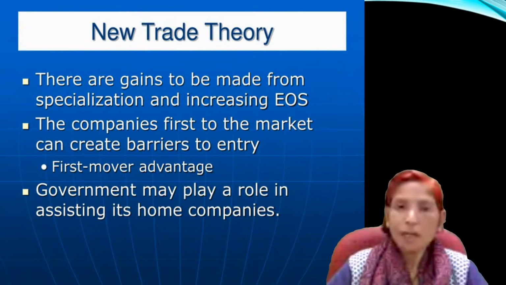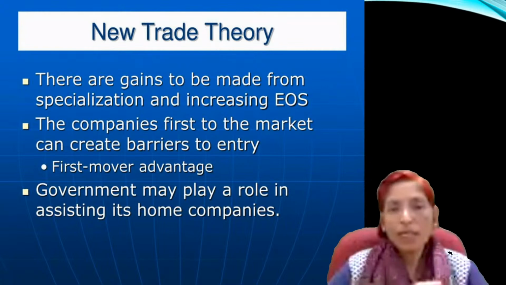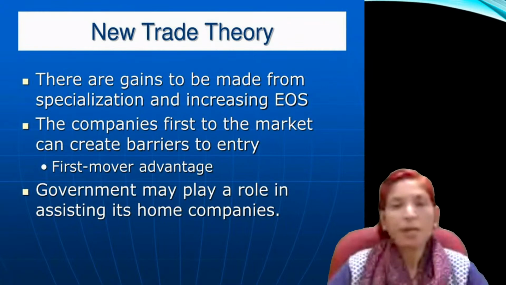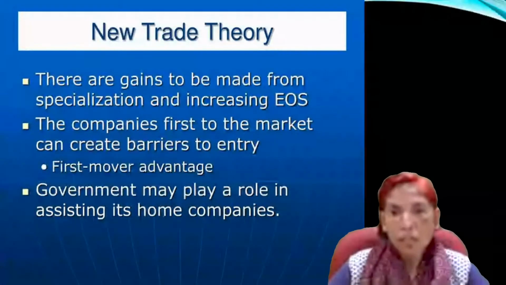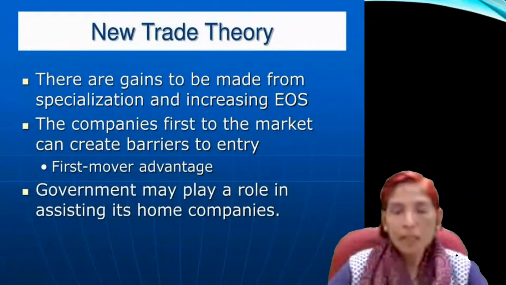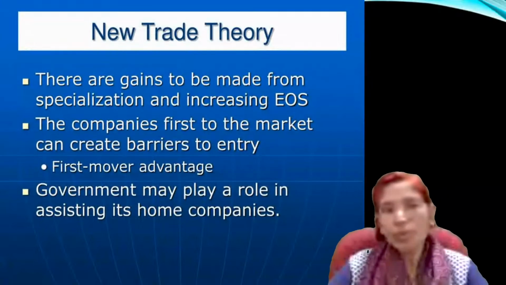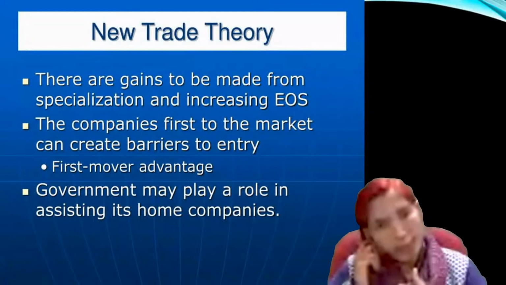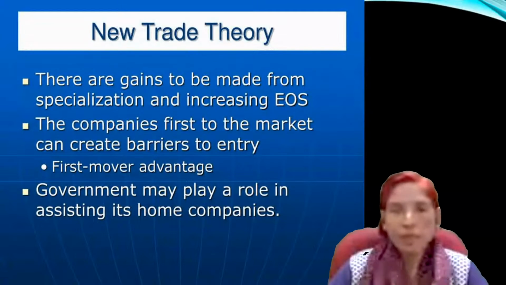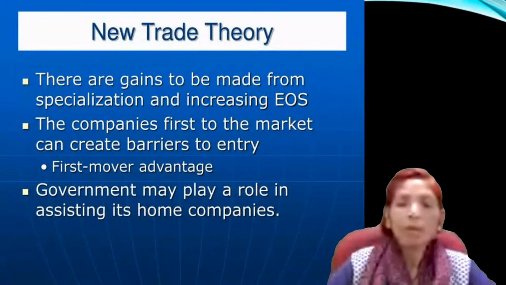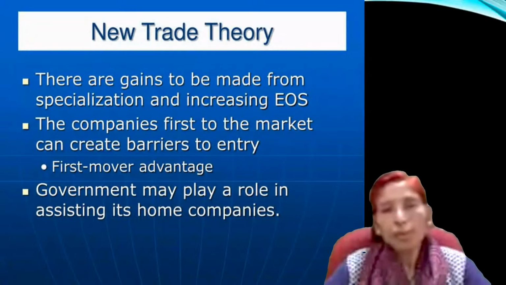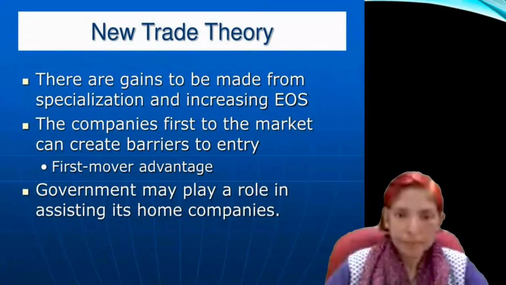First mover advantage means we can benefit if we invent or innovate new things, then we can produce in large quantity and export these goods to other countries, and so get first mover advantage from international trade. And government may play a very important role in assisting its home or domestic companies.